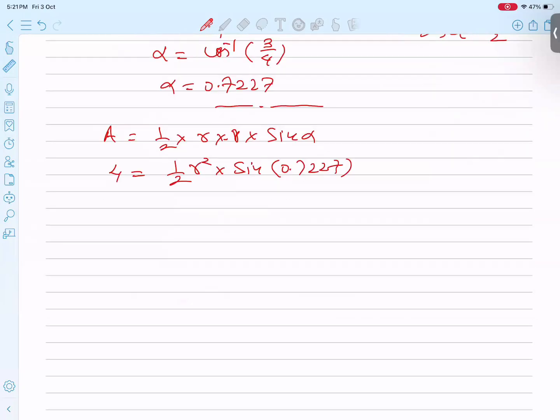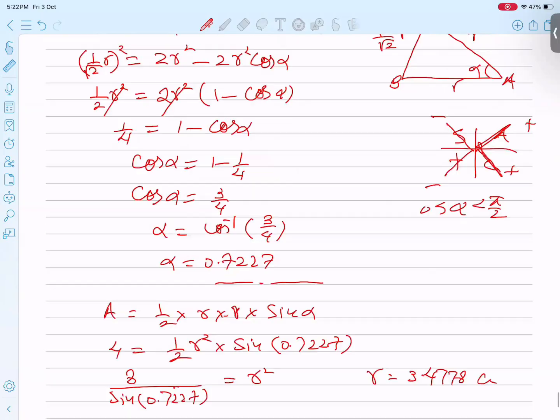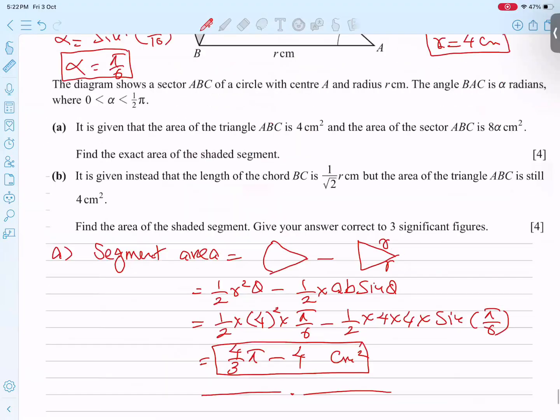First of all, 4 times 2 is 8 over sine 0.7227 equals R squared. Take the root of this, so the radius turns out to be 3.4778 centimeters.